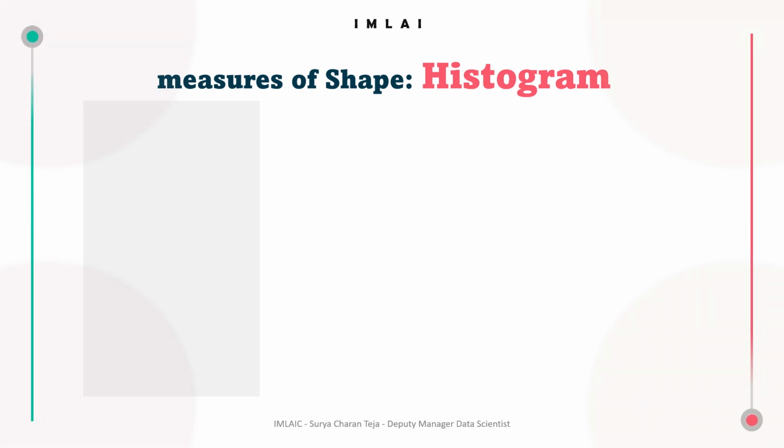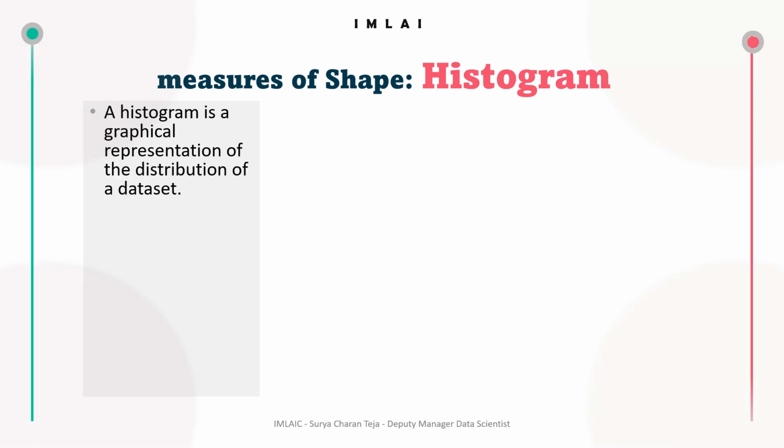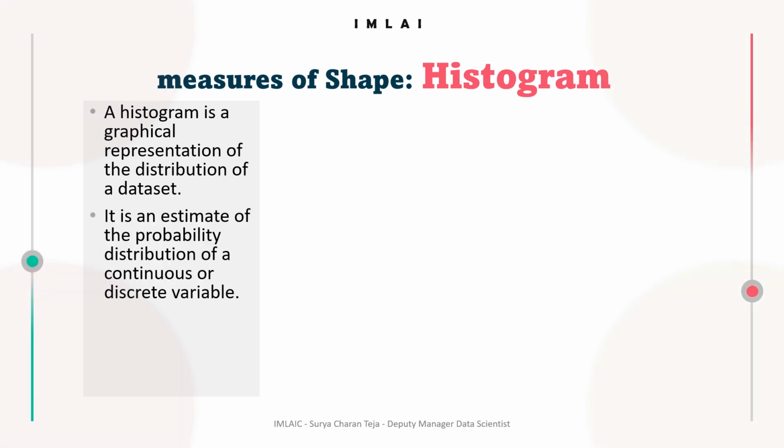Again, I just want to reiterate, a histogram is a graphical representation of the distribution of a data set, and it is an estimate of the probability distribution of a continuous or discrete variable.